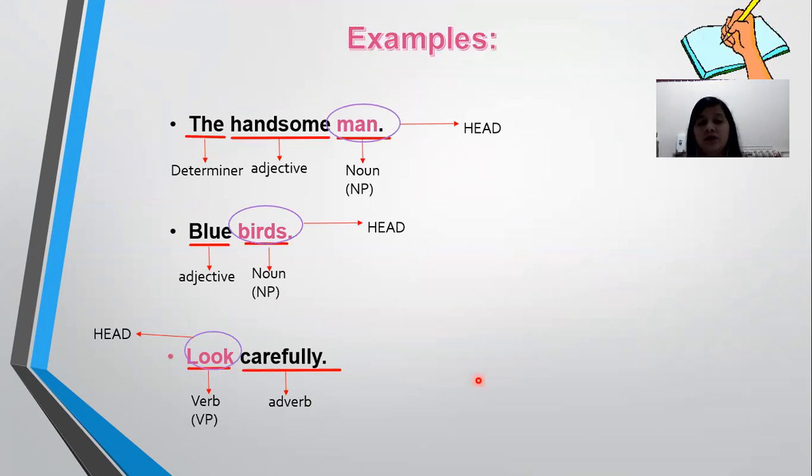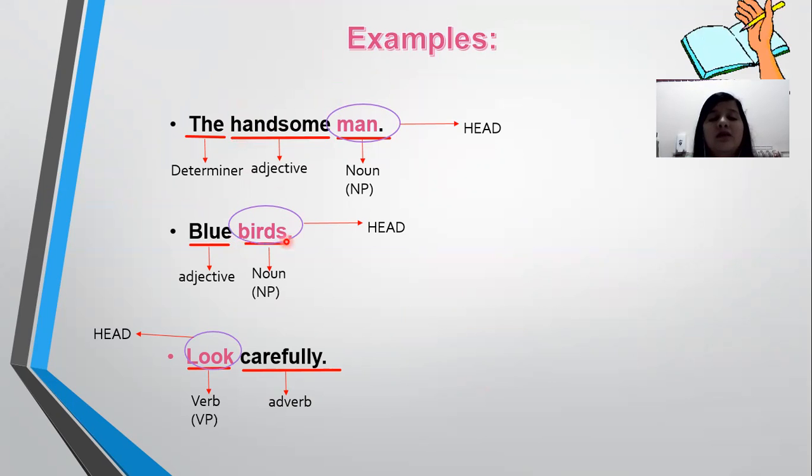Let's see some examples. The handsome man. As you can see here in this example, man is the head word because it's a noun. It is the principal word of the phrase, and the modifiers are "the" and "handsome" because they are extra information about the man.